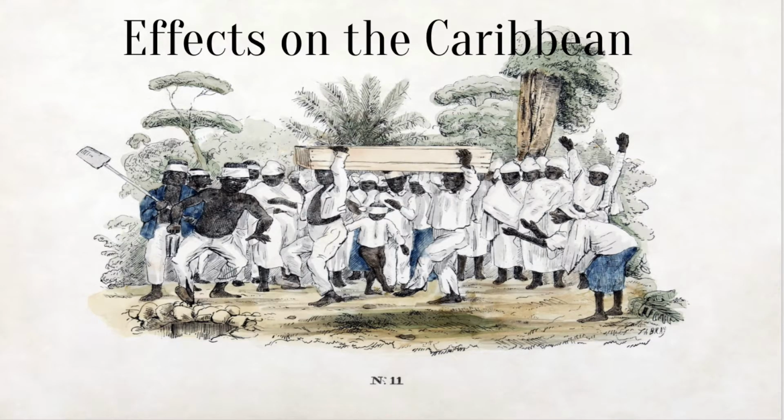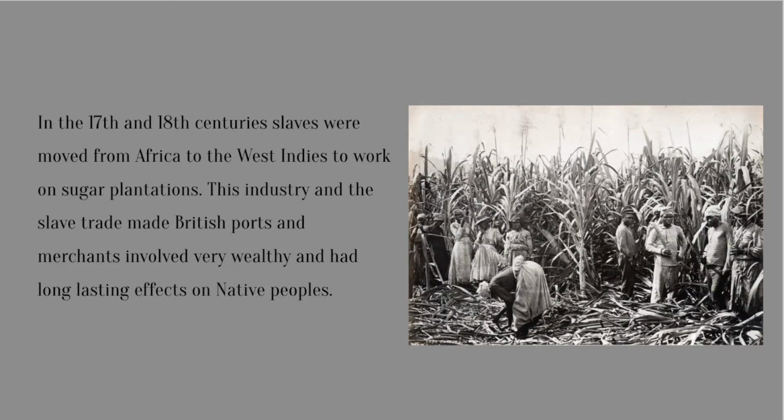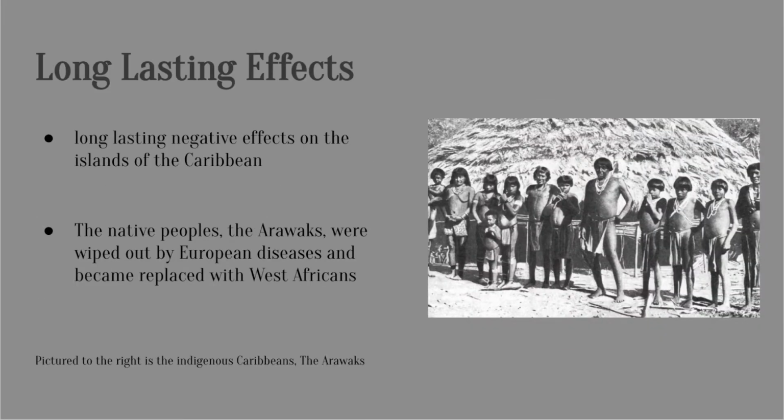Effects on the Caribbean. In the 17th and 18th centuries, slaves were moved from Africa to the West Indies to work on sugar plantations. This industry and the slave trade made British ports and merchants involved very wealthy and had long-lasting effects on native peoples. The slave trade did not only have a negative impact on Africa, it had long-lasting and major effects on the Caribbean too.